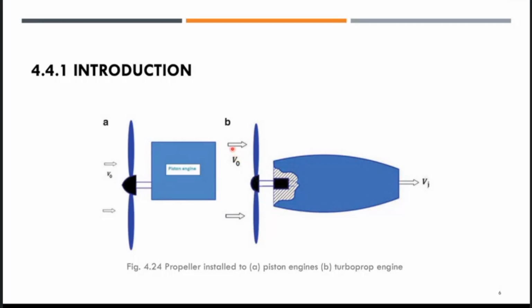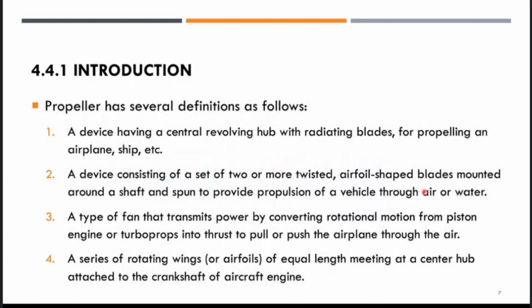For the piston engine, the arrow is small, but for a turboprop engine, we have a larger mass of air being moved by a small velocity change that also produces the jet velocity. We are going to talk more on this in our topic today.